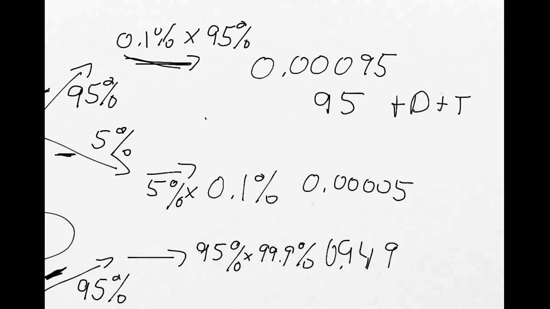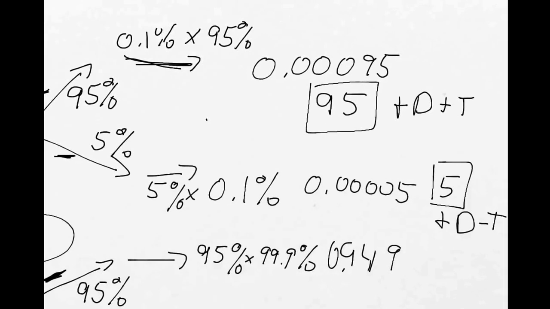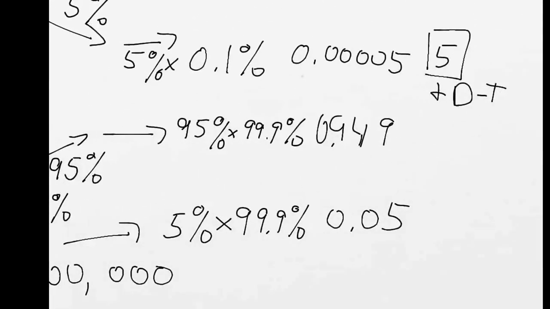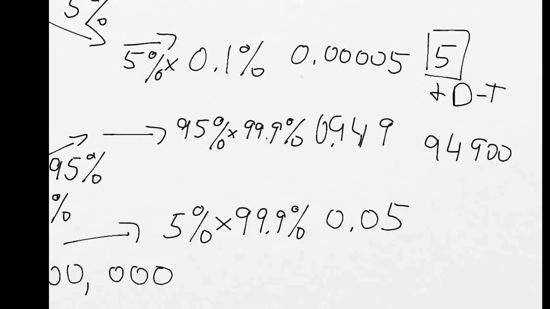If you do that again, and I just box it, we have 5 people with disease, but who test negative. We have 94,900 who don't have the disease and who test negative.